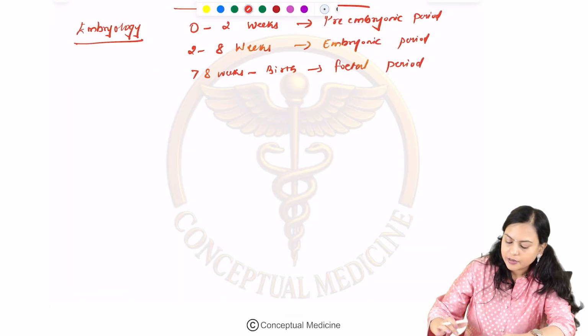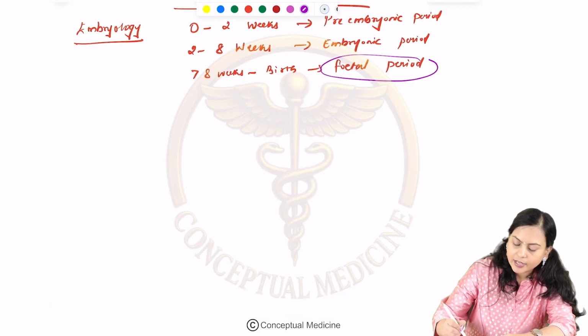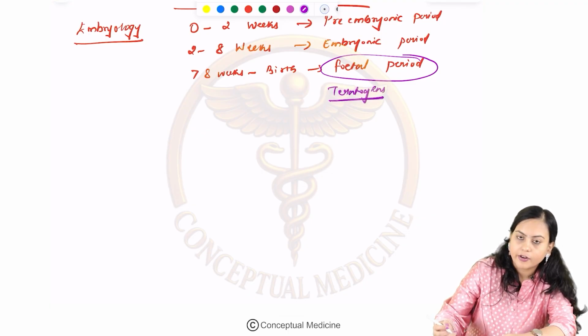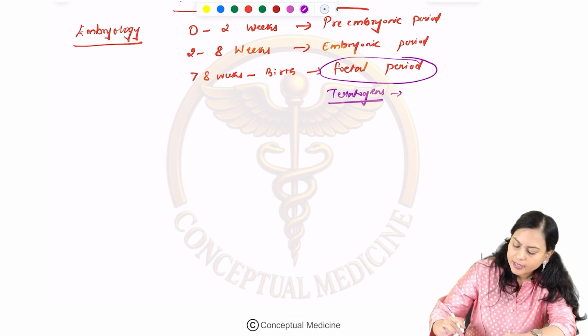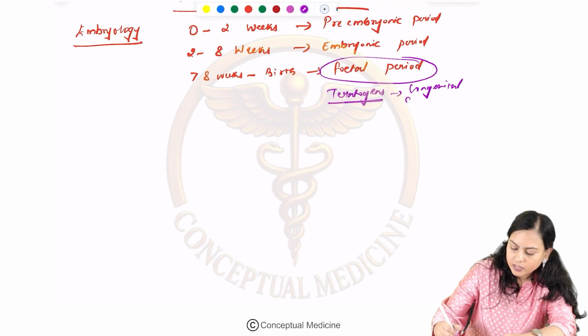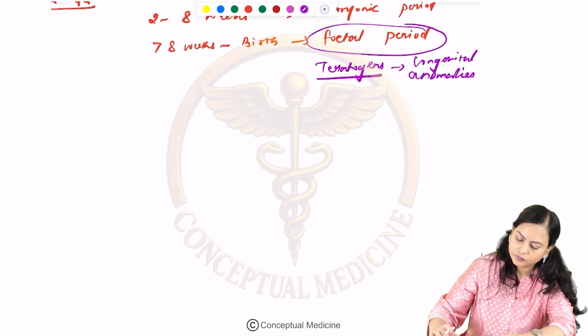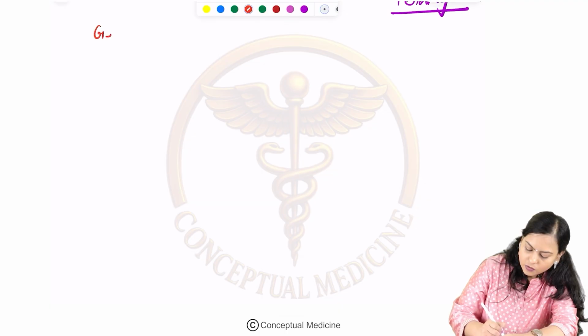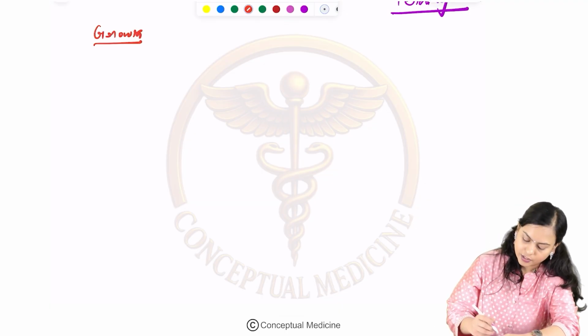In this fetal period, if there is any teratogen exposure in the form of drugs, viruses or radiation, there can be a chance of congenital anomalies. So, how will the growth of the fetus be determined?